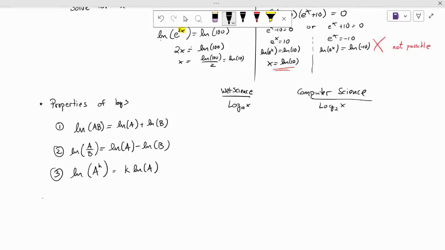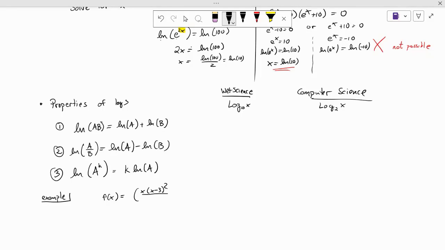So what this will be used for is, before you do calculus, you sometimes want to make that calculus easier by taking advantage of these three properties of logs, maybe some of the previous properties as well.